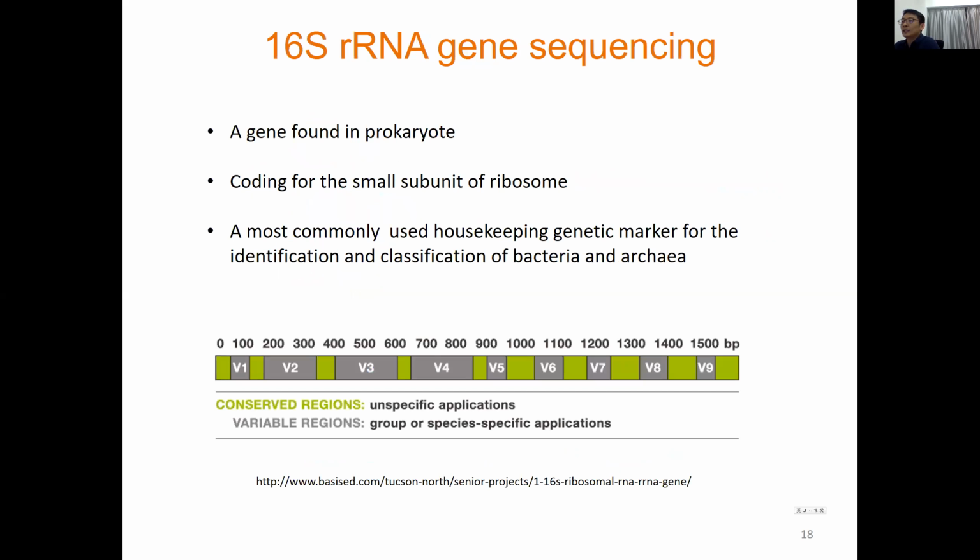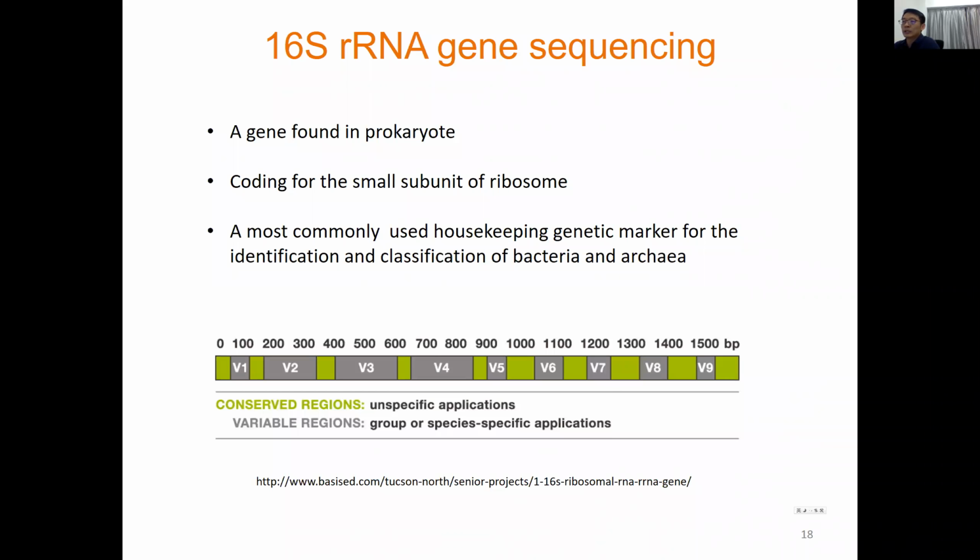It's a gene only found in prokaryotes, and it codes for the small subunit of the ribosome. And more importantly, it is a commonly used genetic marker for identification and classification of bacteria and archaea. This is very important. 16S rRNA gene sequencing is a widely used technique for identification and classification of bacteria and archaea in environmental samples.